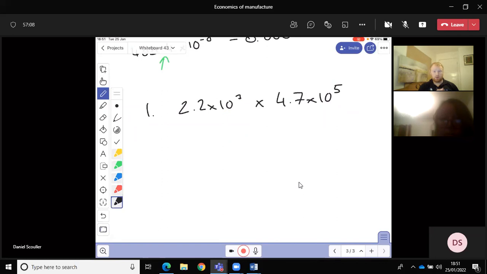We actually get the right answer. So using that button, try and put that in: 2.2 times 10 to the 3 multiplied, and that's just the normal multiplication button, 4.7 times 10 to the 5. We should be getting quite a big number.